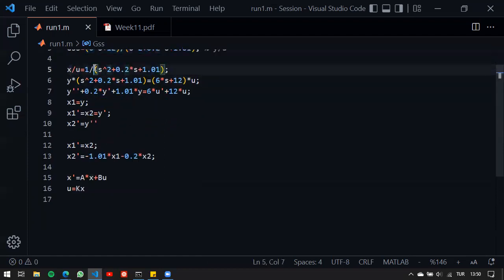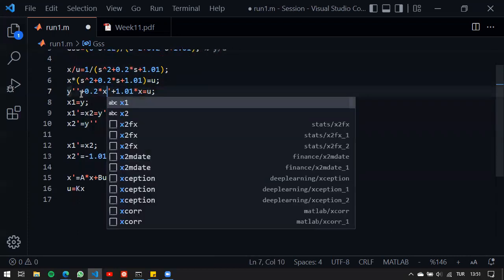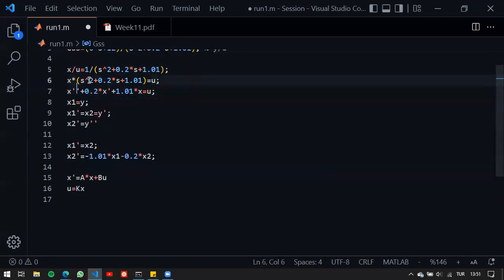Now here, if I, again, cross-multiply it, I'm getting x here, and then here we will have just u. And this just u is really important. You'll see we have x, and then this is x, and then this is again x, and then we have x here, basically. And once we've done that, we will end up in x dot equals ax plus bu.